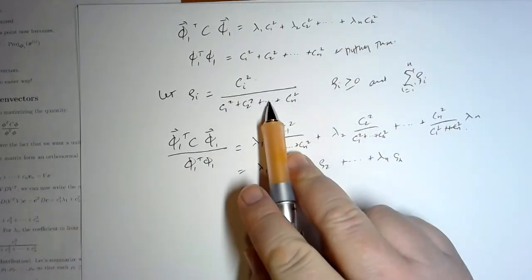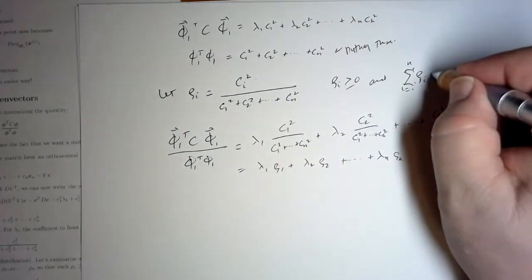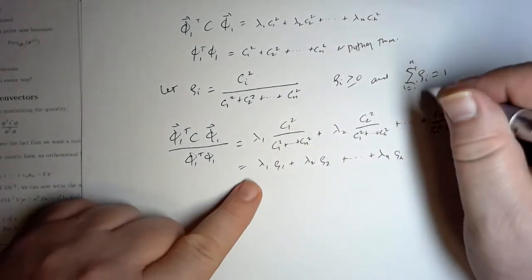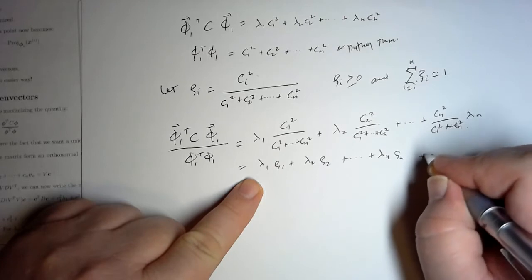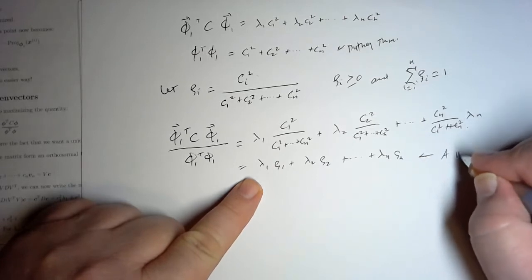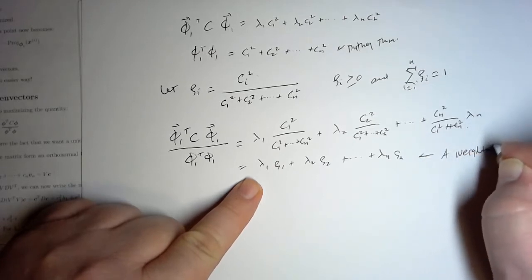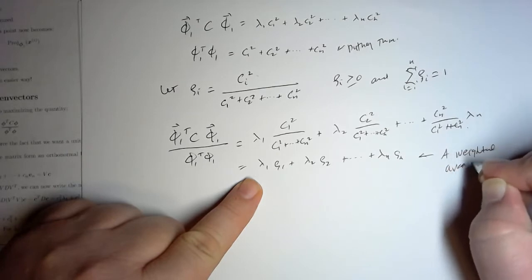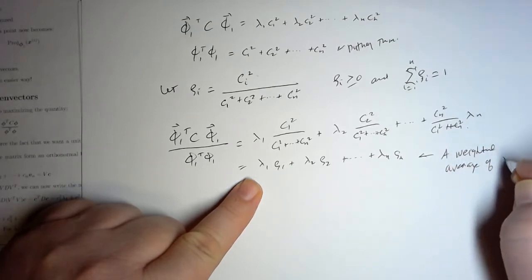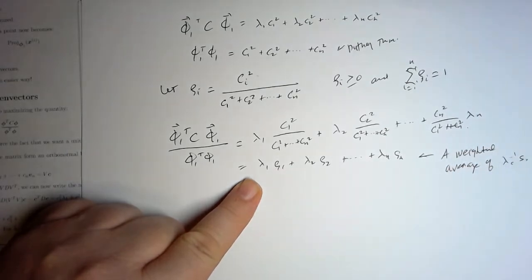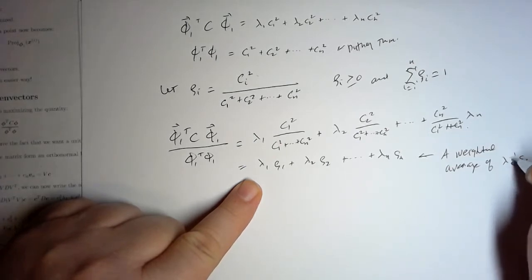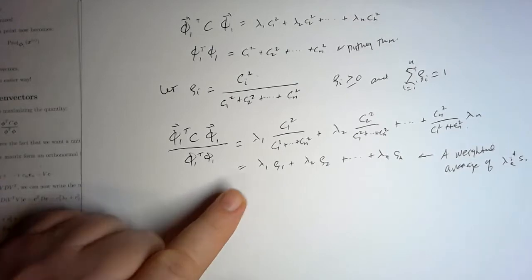What happens when you sum these together? You get 1. Therefore, this quantity right here is a weighted average of the lambda i's.